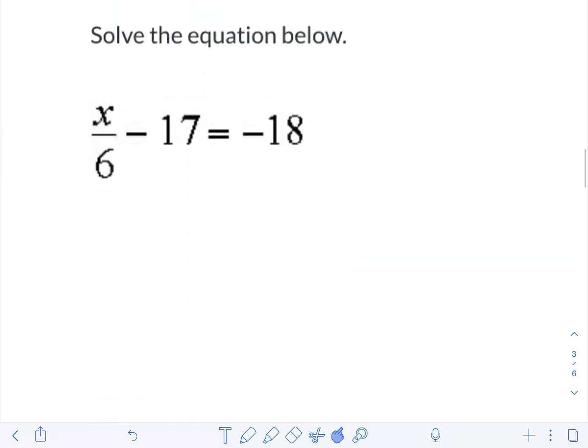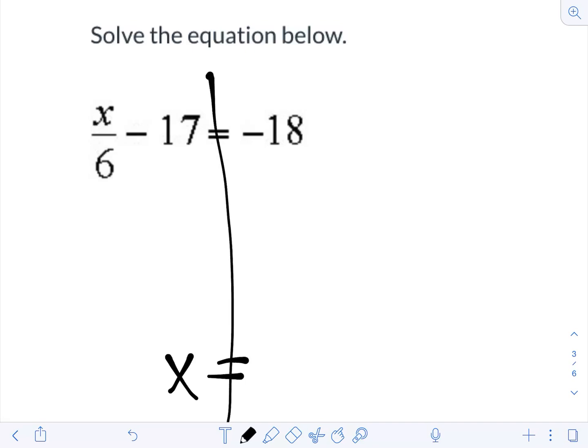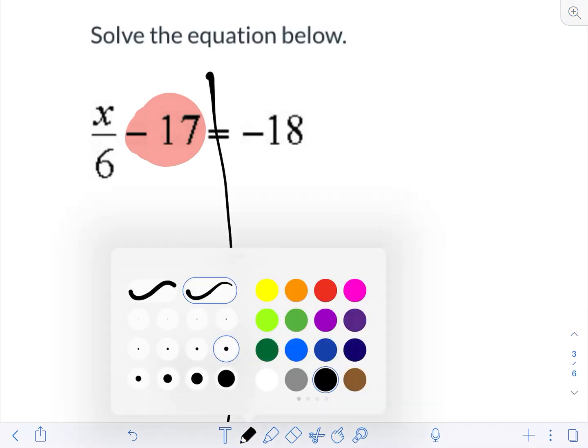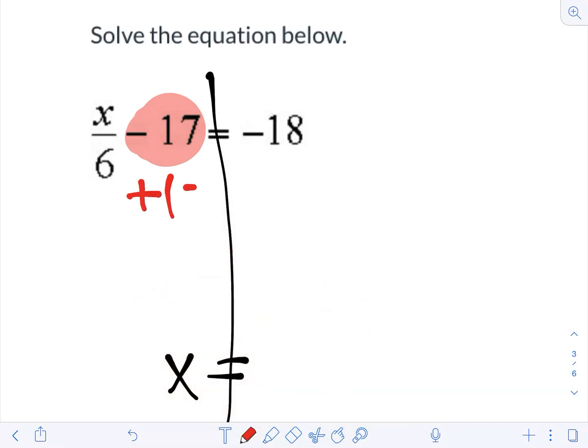Now let's look at this one. X over 6 minus 17 equals -18. Well, X is what we want to get alone. So now we want to get rid of -17 first. To get rid of -17, you got to add 17 on both sides.